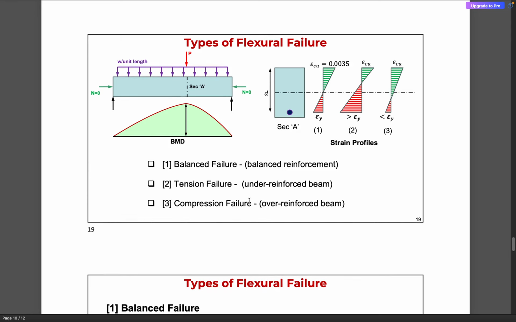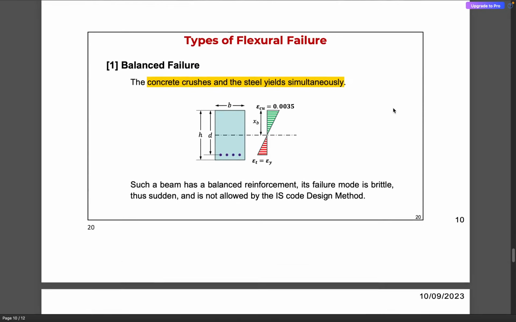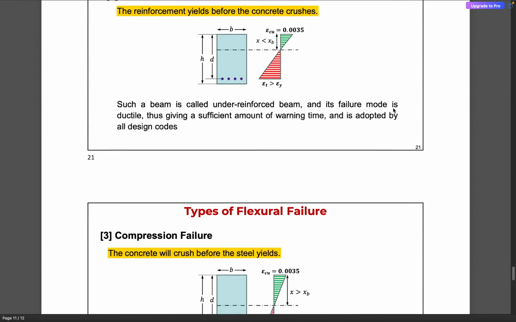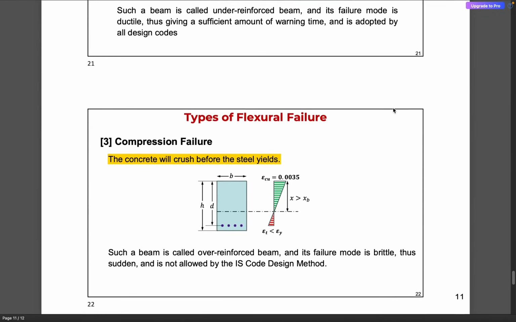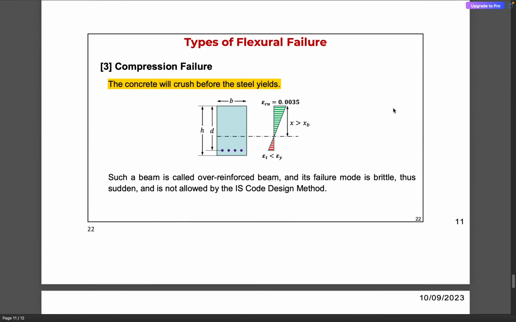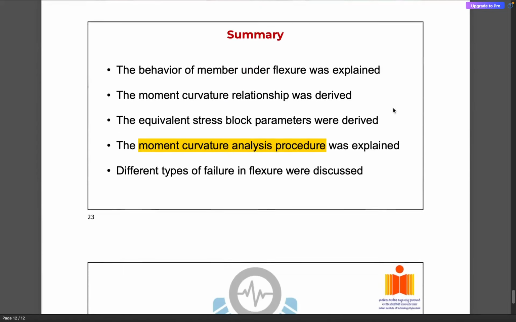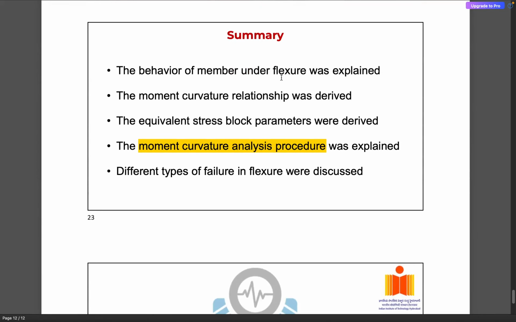And then we have the over reinforced beam, that is the compression governed failure, where the concrete in compression crushes first before the steel can reach its yield strain. We are going to discuss more about these in the upcoming examples that I have prepared for this particular week.